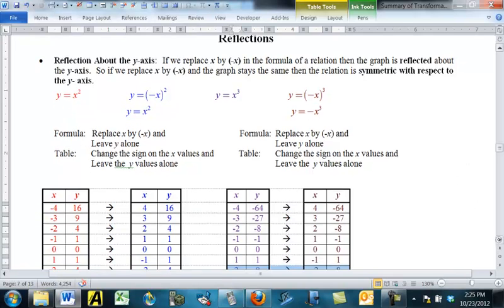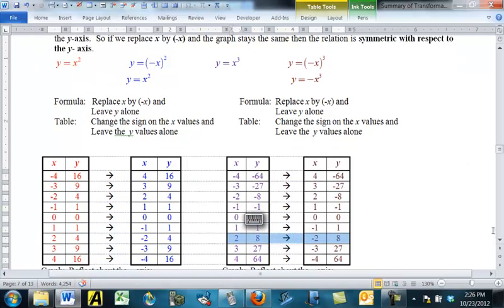But when we look at our good old friend y equals x squared, and we change the sign on x, notice points are moved. In fact, the only points that are fixed are points on the y-axis, because if we change the sign on x and it stays the same, x has to be 0, and if x is 0, you're on the y-axis.